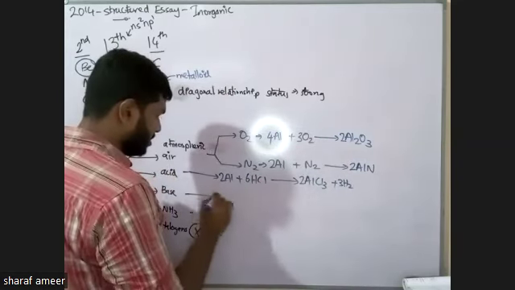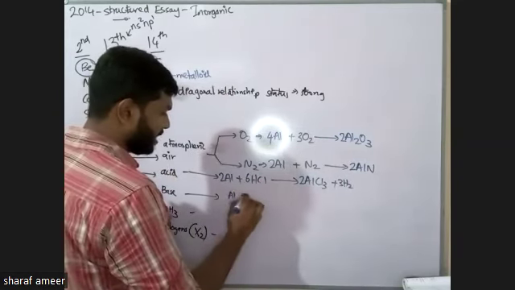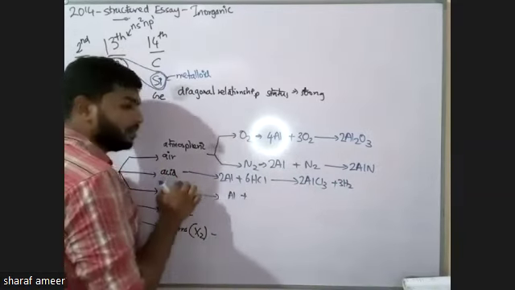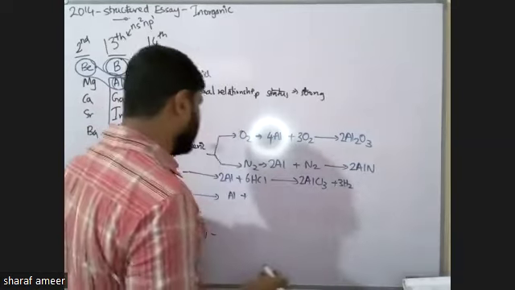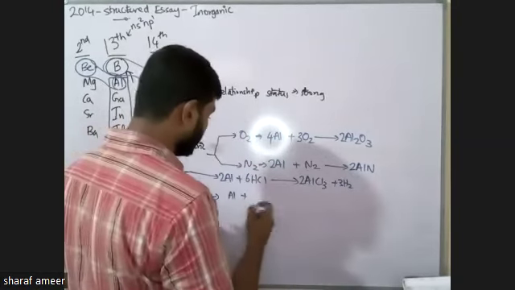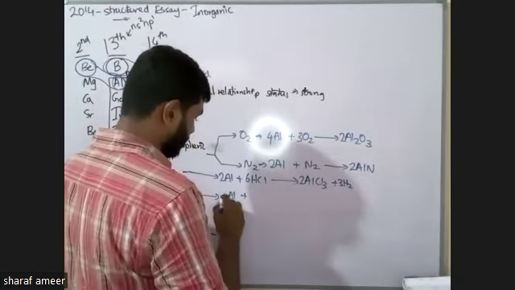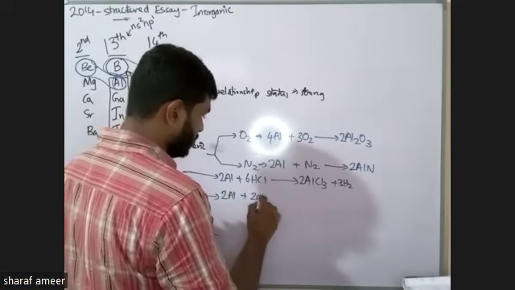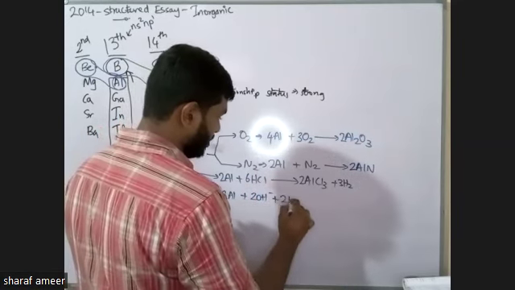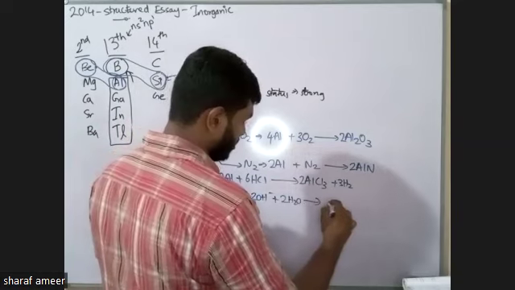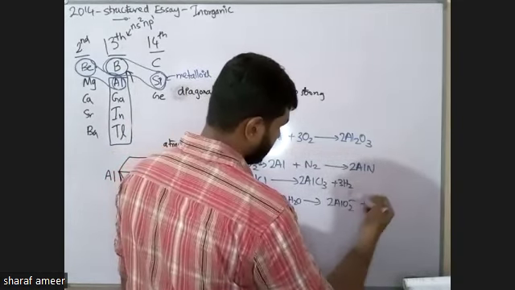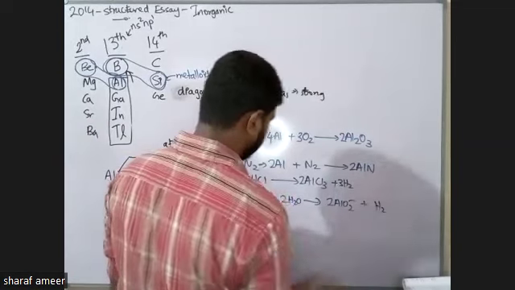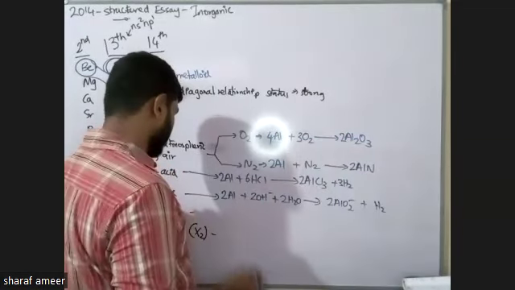For the base, same way aluminium reacts. Because aluminium can react with both acid and base, it is called an amphoteric metal, right? So 2 aluminium, 2 OH minus, 2 H2O gives 2 aluminate and H2 gas respectively.